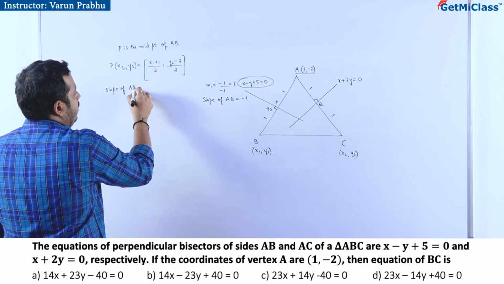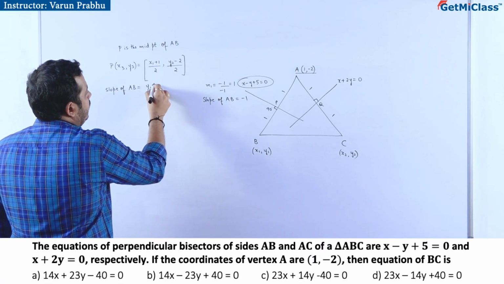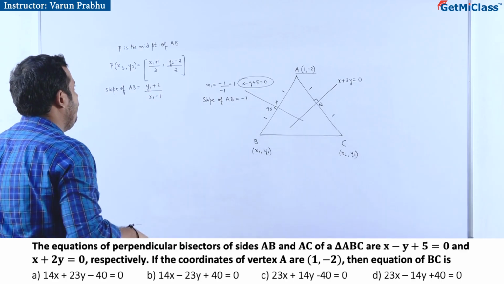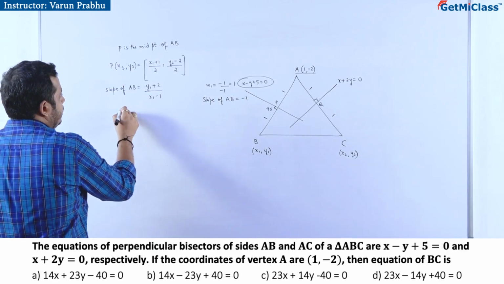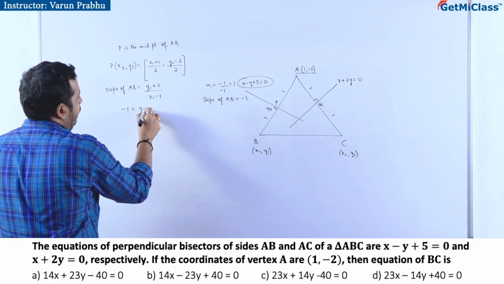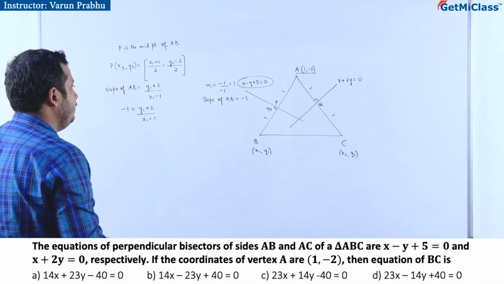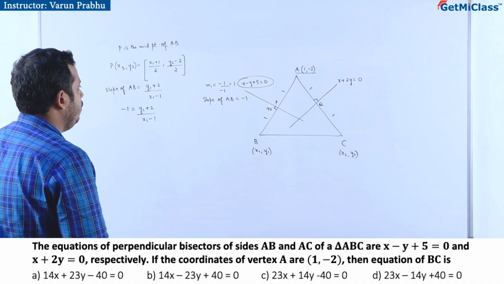Slope of AB can be written as (y1 plus 2) divided by (x1 minus 1), right? But actually the slope of AB is minus 1, that is equal to (y1 plus 2) divided by (x1 minus 1).